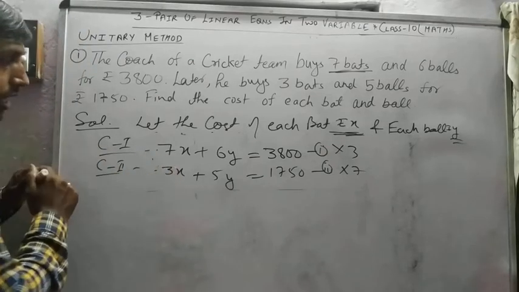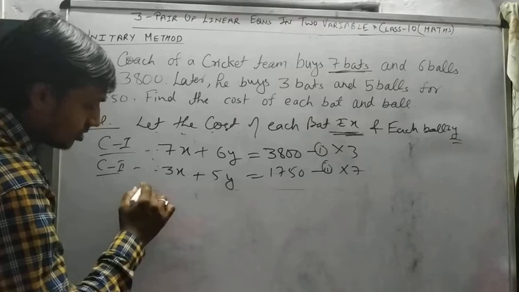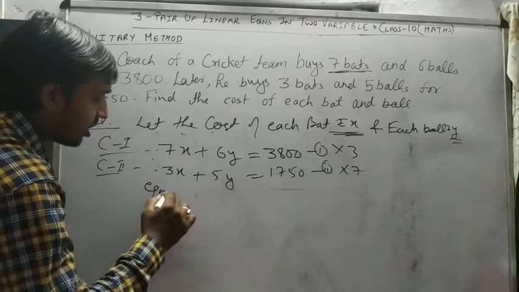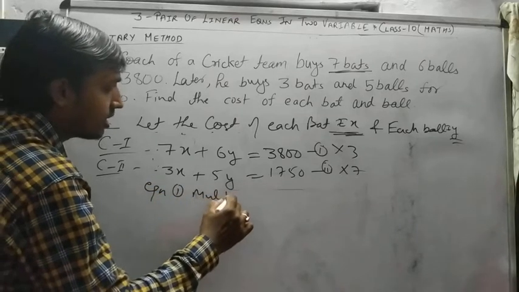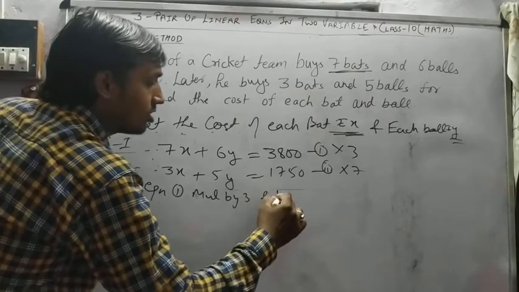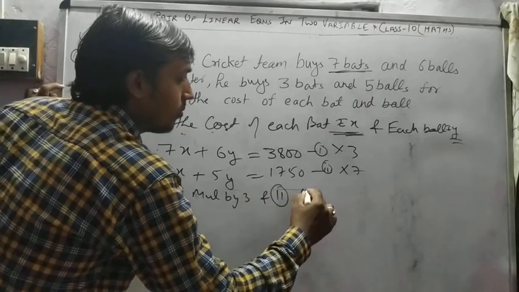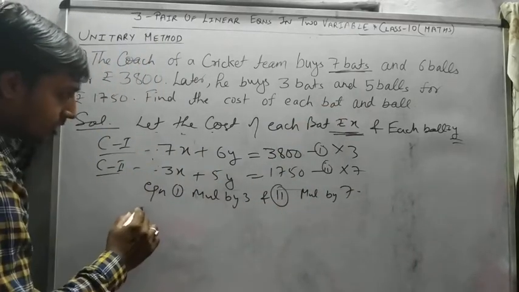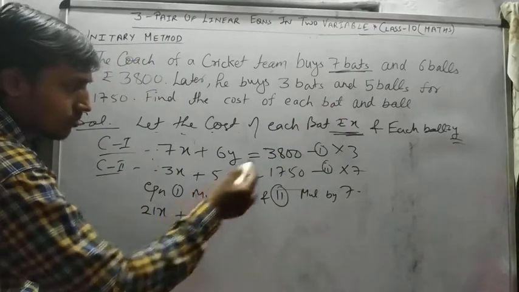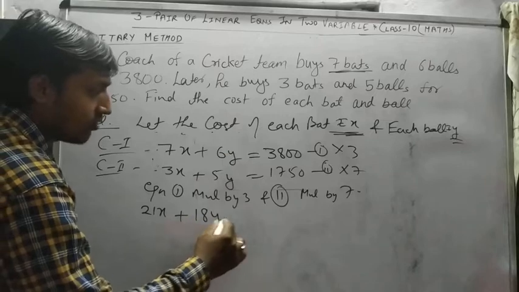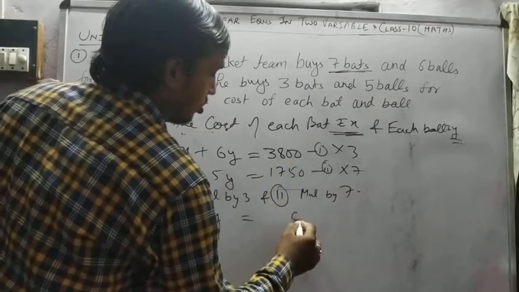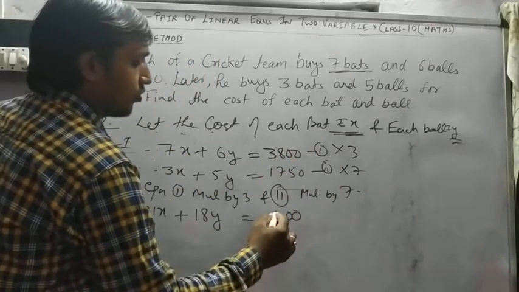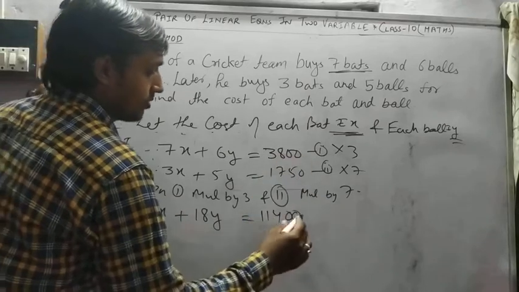So equation first multiplied by 3 gives 21x plus 18y equals 11400.